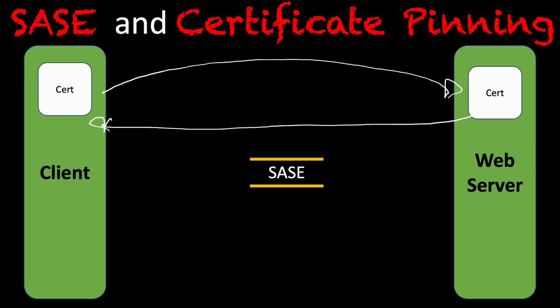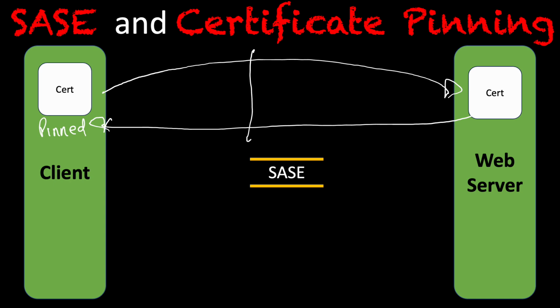The client checks it against a pinned certificate installed on the client. It matches if the certificate provided by the web server matches the public key that is actually on the client. If it does, then the TLS connection goes ahead and is established.